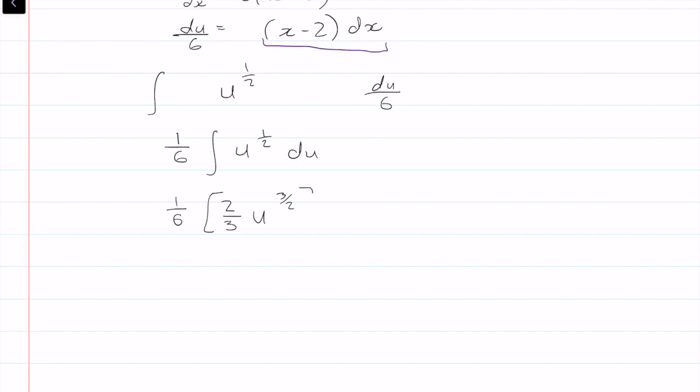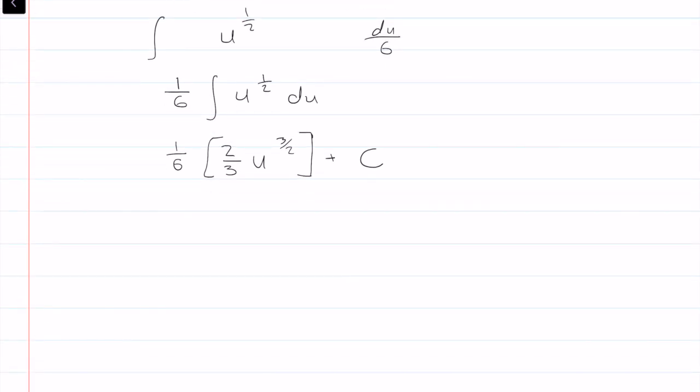Once again, we are going to have plus some integrating constant. Now this cancels with that, becoming a 3, so we're left with 1/9 u^(3/2) + c.